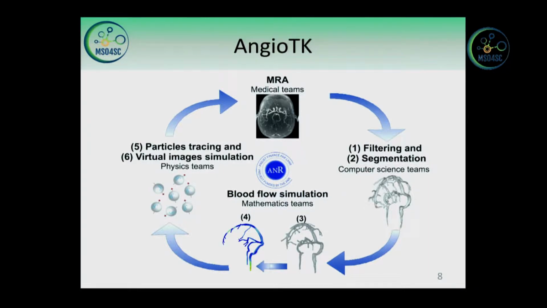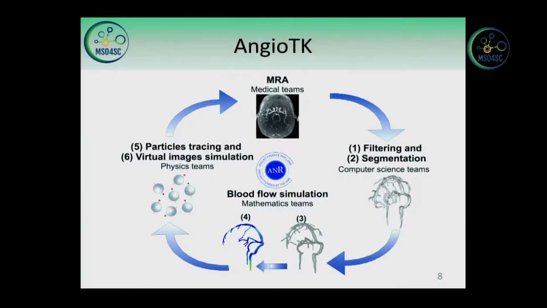So we take MRI images of the brain. It takes some time. I was part of the people who went into the MRI. And then from the MRI images, you apply filtering and segmentation tools.